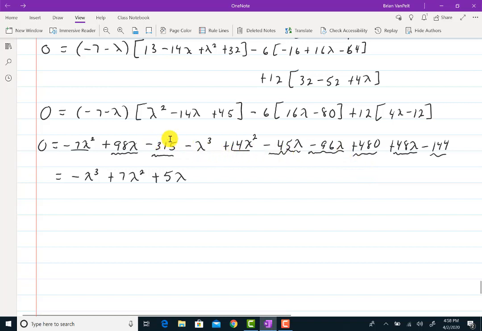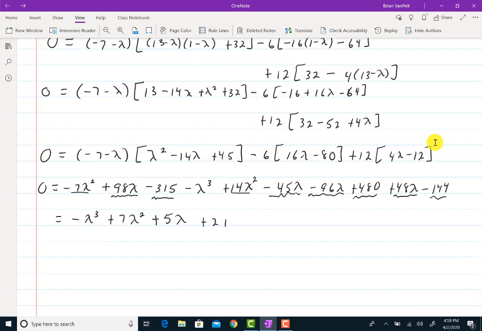So negative 315 plus the 480 is 165. 165 minus 144, I believe, is 21. So let me check my work. This right here, I don't know why I put a 12. That was negative 20. And so this is 240. Well, that changes things then.